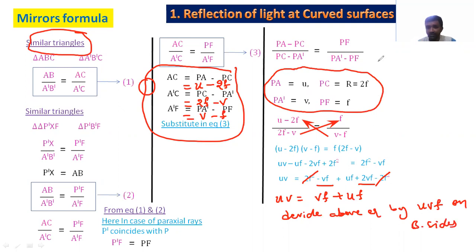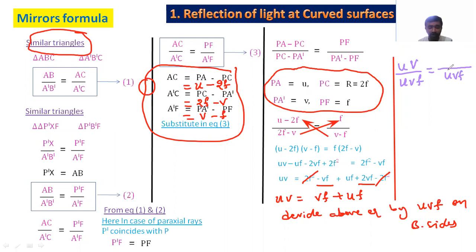So what I can write here, I will change this partition. Right. So next I'm going for the remaining process. So UV is divided by UVF on the LHS. Then on the RHS also we are dividing with UVF, right?